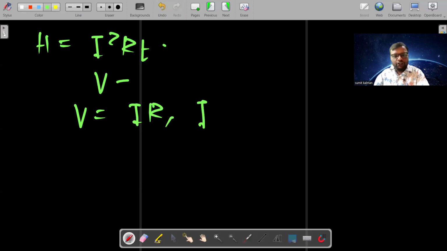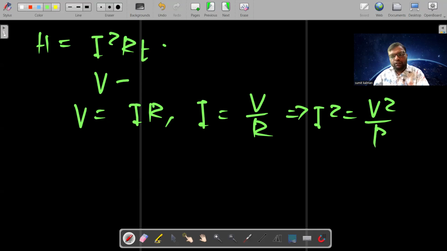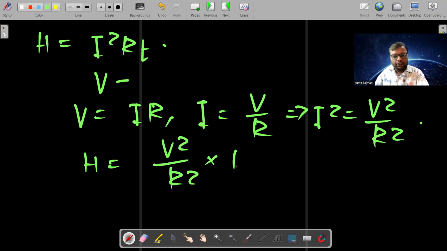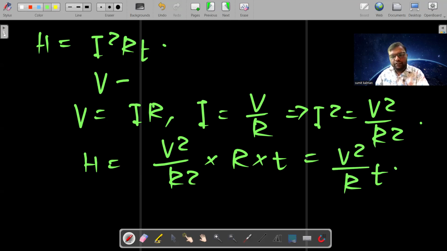So I is equal to V by R, and I square is equal to V square upon R square. Put it here. So H will be equal to V square upon R square into R into T. So here it will be V square upon R into T. Is this clear?